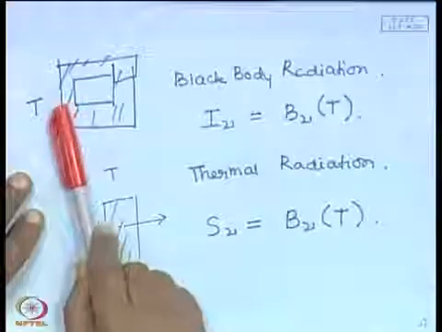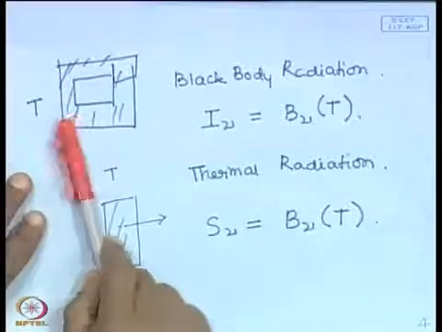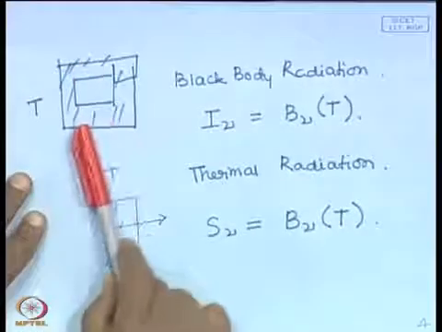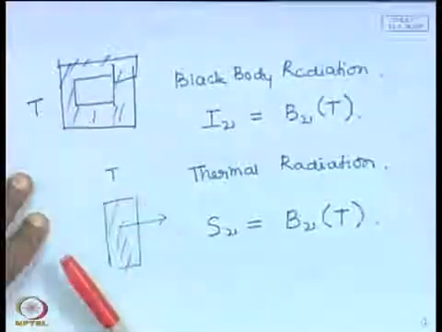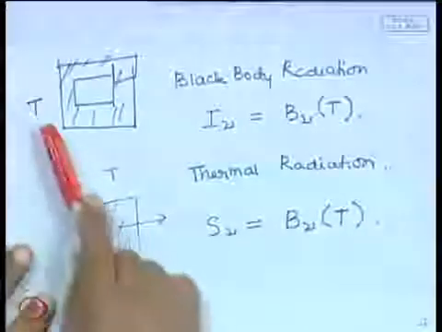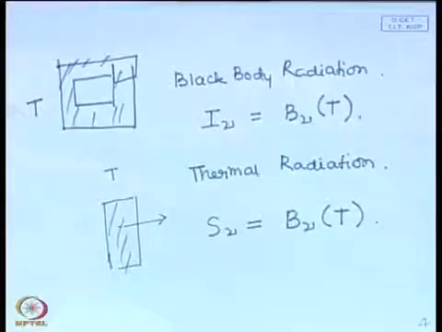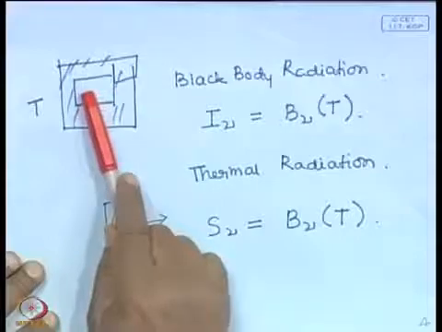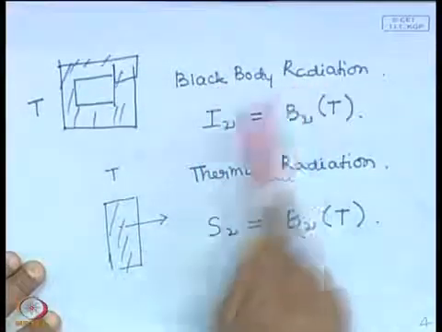And if we have radiation that is enclosed in a cavity like this, and the whole enclosure and the radiation inside comes to thermal equilibrium at a temperature T, then the radiation that is inside this cavity is referred to as black body radiation.